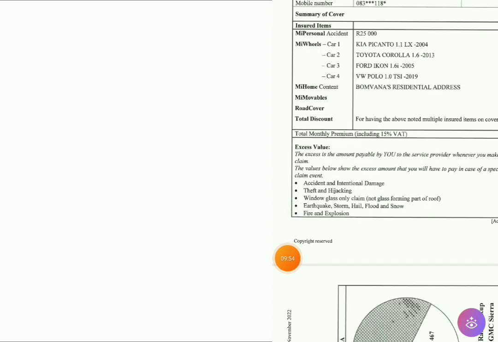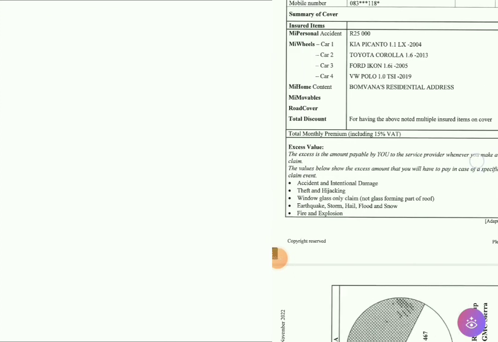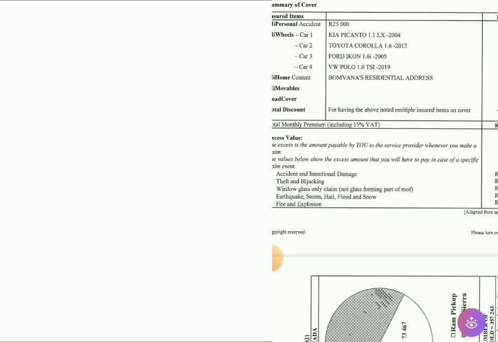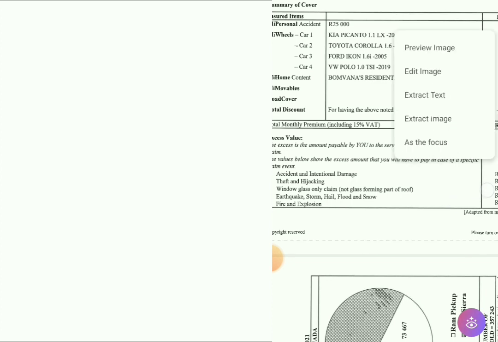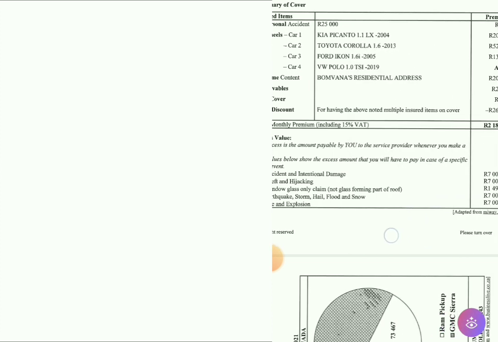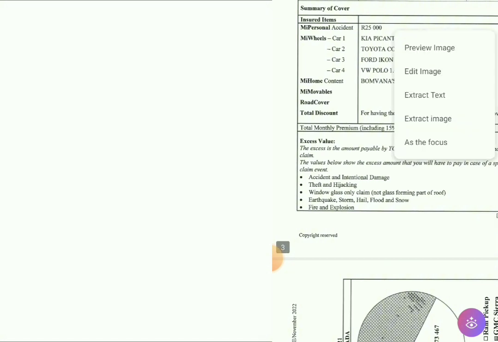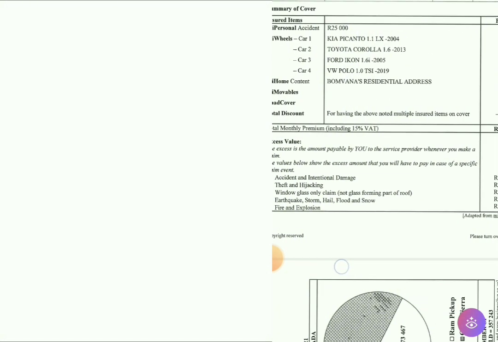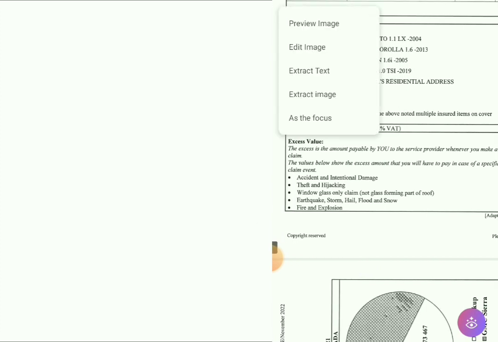Okay, guys. 2.1.4. We have to check here. We are going to the annexure, guys. The accident cost was actually 43,520. So accident, as you can see here, is written for you. Accident and intentional damage.